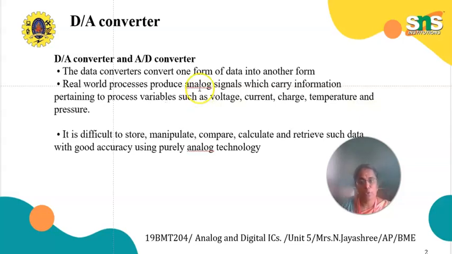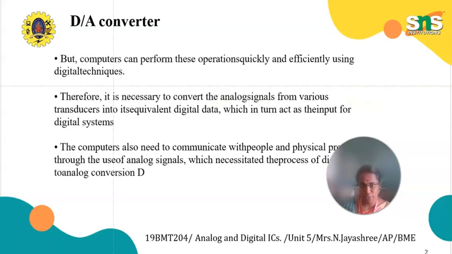Real world processes produce analog signals which carry information pertaining to process variables such as voltage, current, charge, temperature, and pressure. It is difficult to store, manipulate, compare, calculate, and retrieve such data with good accuracy using purely analog technology.